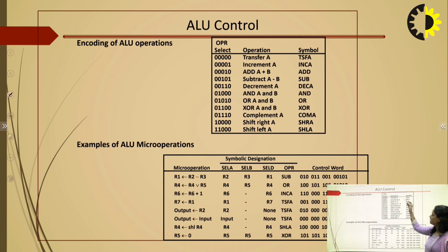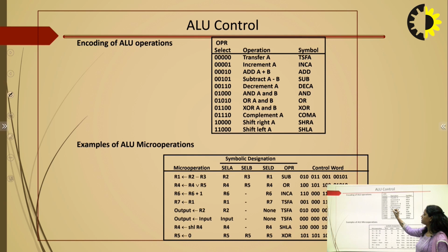So we have 11 arithmetic and logical operations, and this is the table showing the corresponding 5-bit code for performing each operation. For transferring the data to register A or operand A, we have a code of 00000. For incrementing A, we have four 0s and a 1. For addition operation, we have 00010. For subtraction, we have 00101.